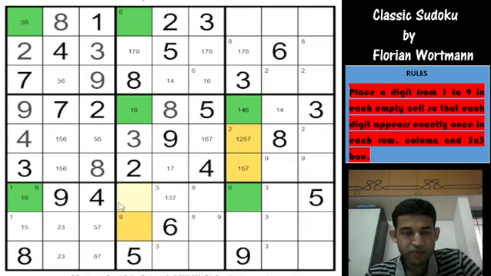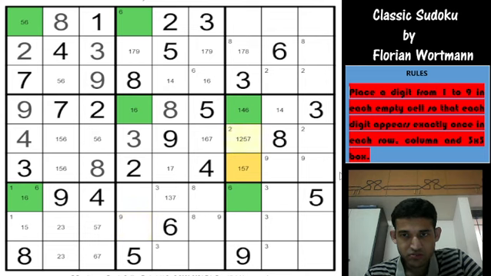So when you have such a pattern, you can basically eliminate all the cells in those rows and columns as not being 6, other than the highlighted cells, of course. I'll remove this too because 6 is already here.